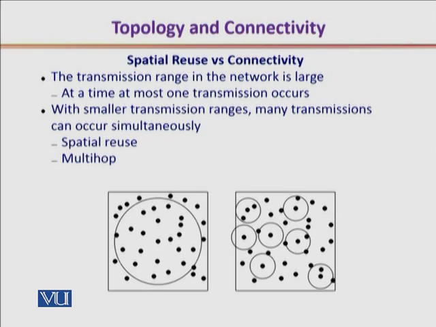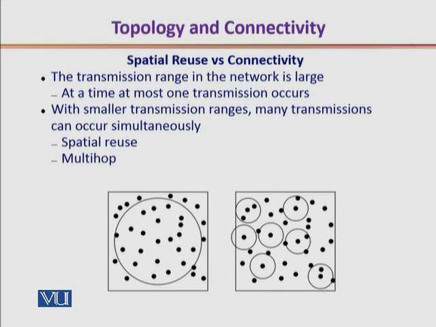Let's look at the illustration now, and then we draw useful conclusions from it. If you look at the figure, it has two parts. The one on the left-hand side includes a random distribution of wireless ad hoc network nodes, and the transmission range of a reference node, say the node in the middle, covers all the nodes in the network.